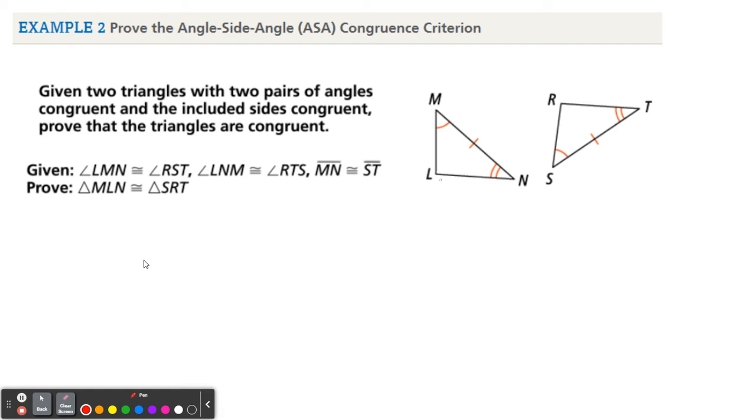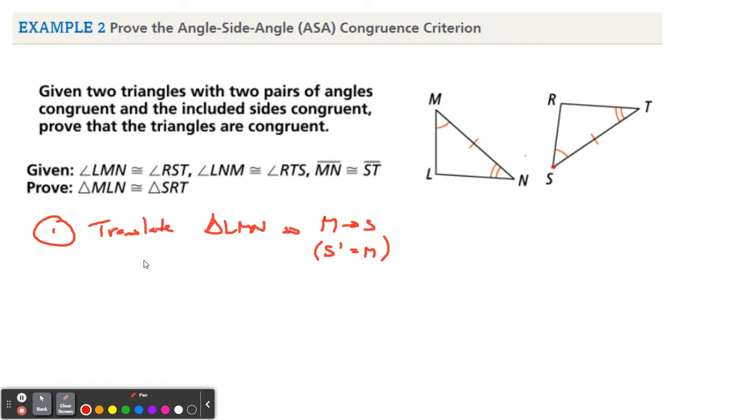So first thing we're going to do is a translation. It's always nice to line up one corner with another corner from the triangles. We're going to translate triangle LMN so that we line up M with S, so that M maps onto S. And what this means is that S prime is going to equal M. So I'm going to slide this triangle this way.